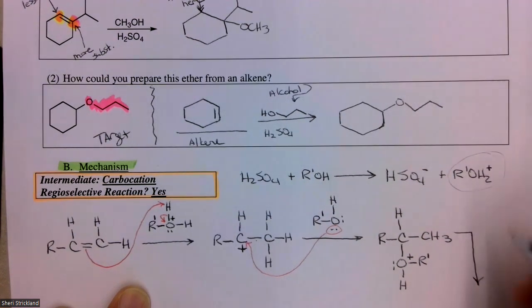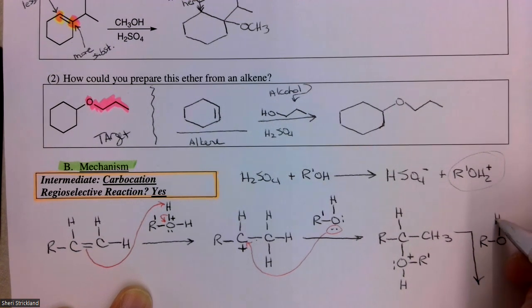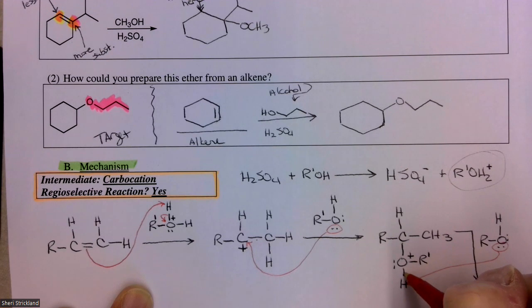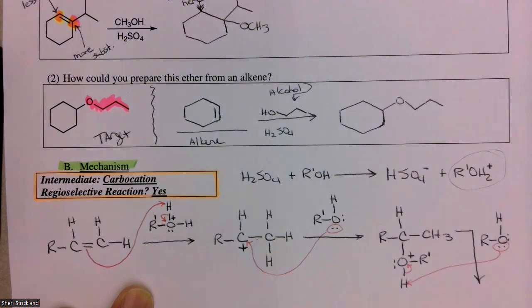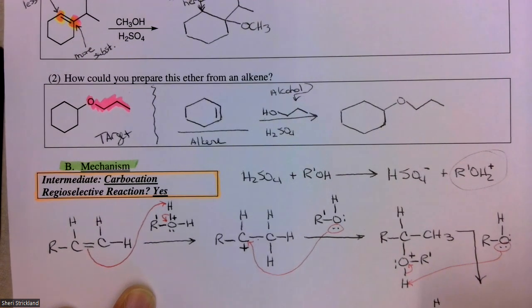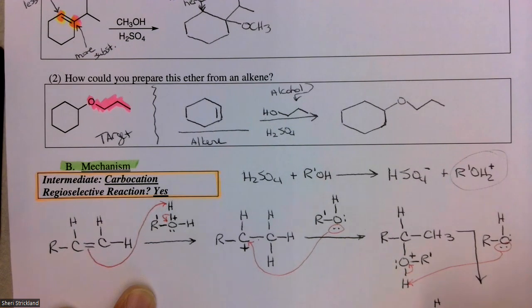And then, like we did before, a second molecule of the alcohol would now act as a base to deprotonate this and give you the final uncharged product. In most cases, the final product will be uncharged. All right.